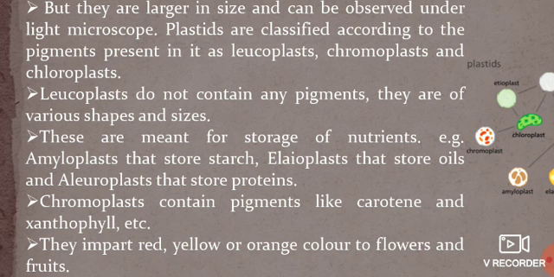It is a colorless plastid which does not contain any pigment, but yes, it has different shapes and sizes, and it is meant for storage of nutrients. Leukoplast is divided into amyloplast which stores starch, elaioplast that stores oils, and aleuroplast that stores protein.